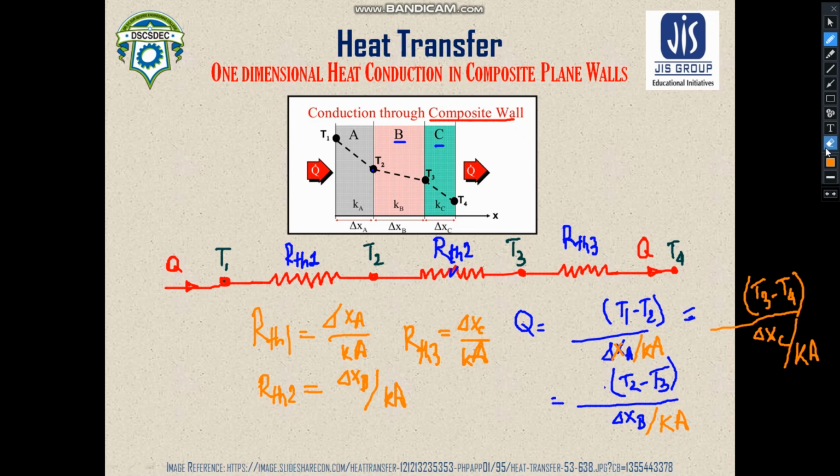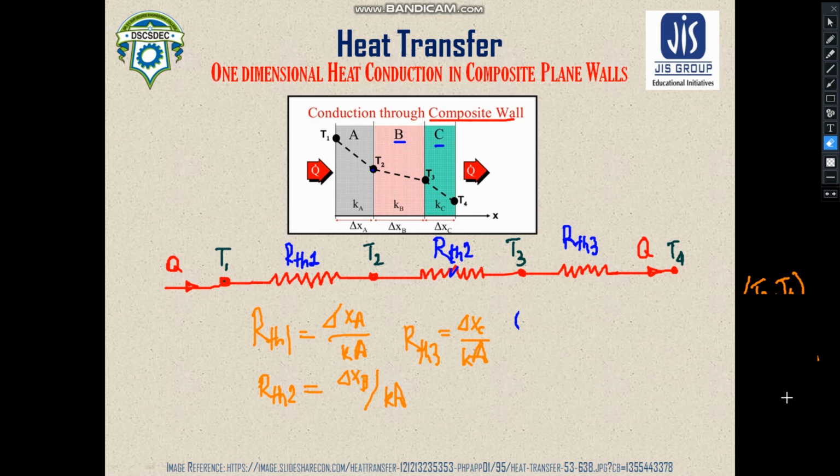Now if we are willing to find out the heat transfer in terms of the boundary temperatures, the left surface of this composite wall is maintained at a temperature T1, and the rightmost surface of this composite wall is maintained at a temperature T4.